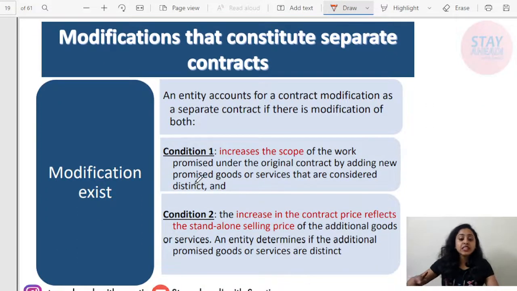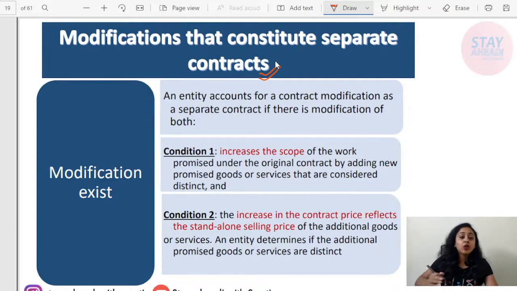Next, modifications that constitute separate contracts, according to which the contract should be recorded separately. When? First, an entity accounts for a contract modification as a separate contract if there is an increase in the scope of work promised under the original contract by adding new promised goods and services that are considered distinct. The scope has been increased and the goods and services are distinct.